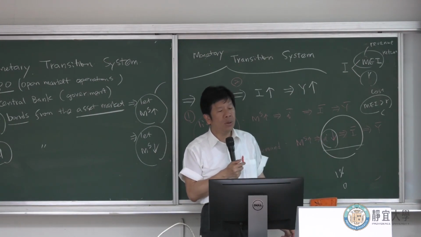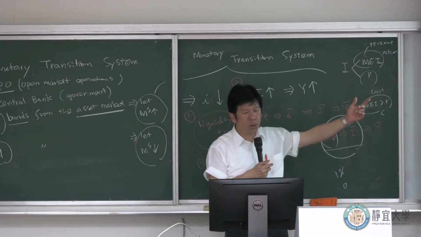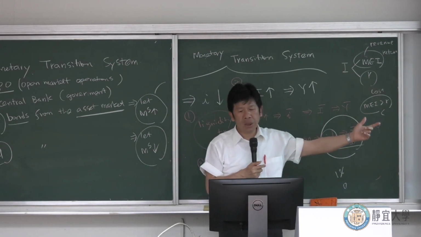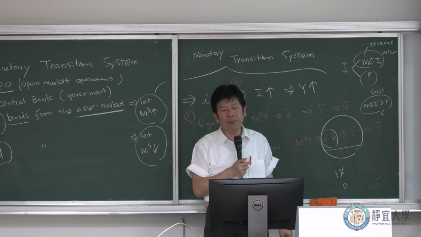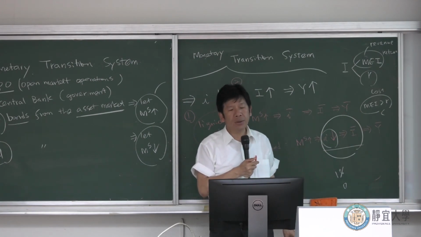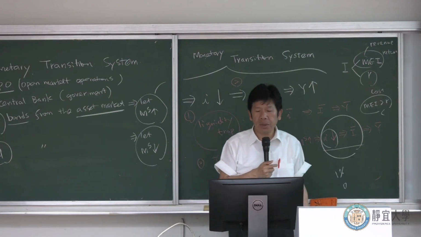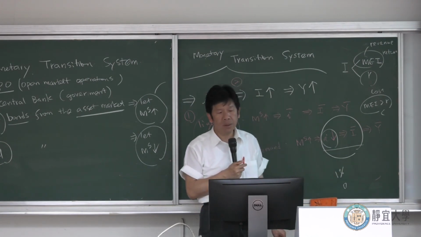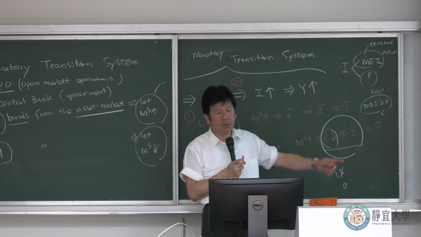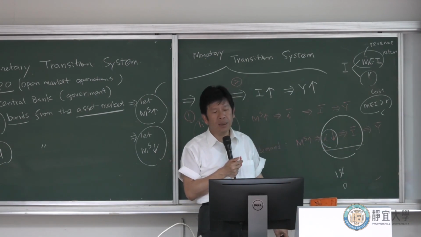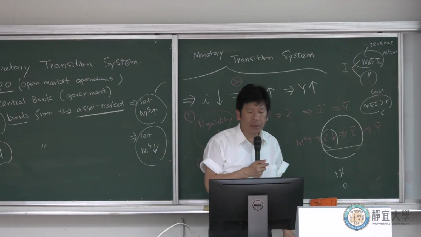Portfolio holders tend to reduce their money holding by buying other assets. So they will change asset prices and yields, and after that, the money supply and the interest rate will change.